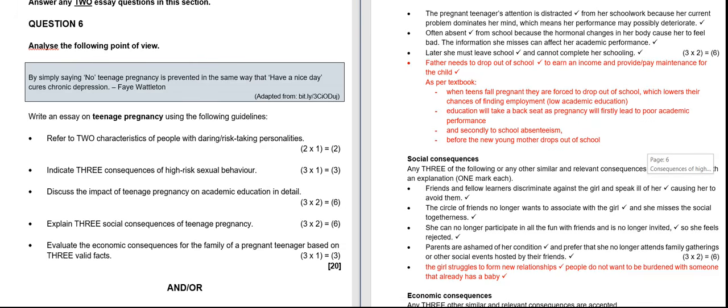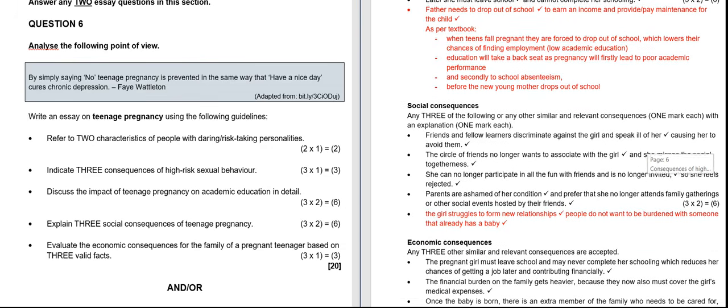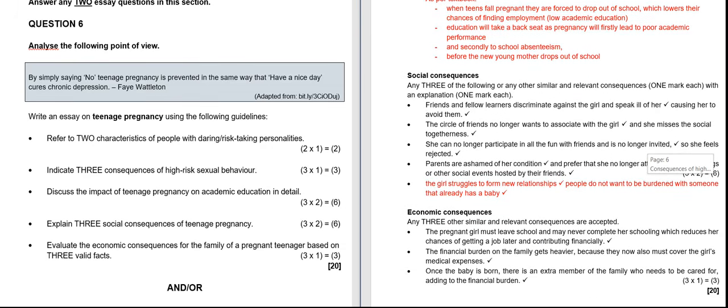So moving forward, we do have social consequences. Of course, beneath that we have got economic consequences.